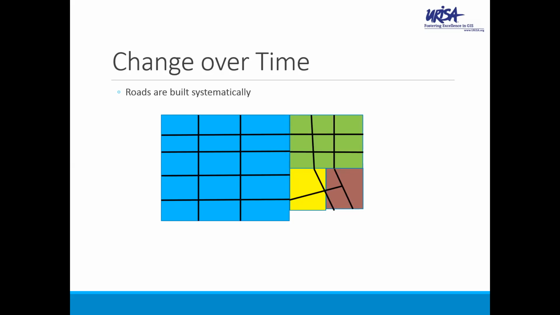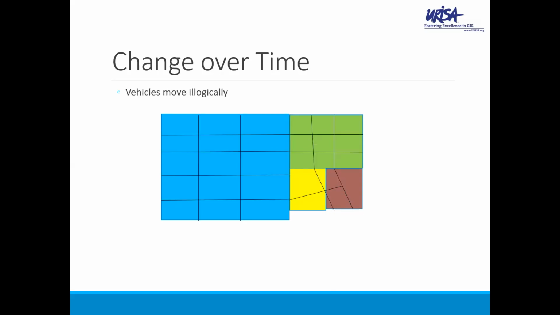But then we throw vehicles on top of those, and we know vehicles move in an illogical way. Right? We don't know how they're going to go. In addition, we have accidents and we have construction going on, which may alter what would otherwise be a route that could be anticipated with some level of confidence.